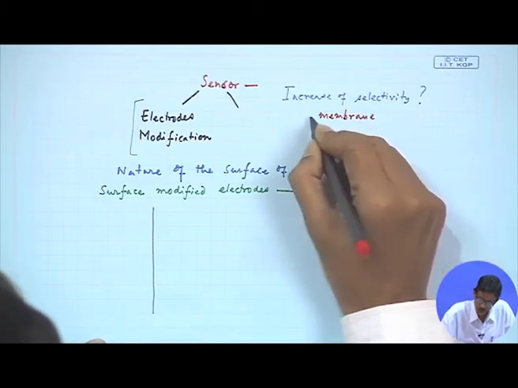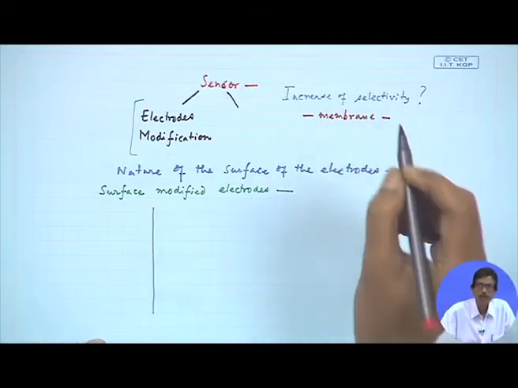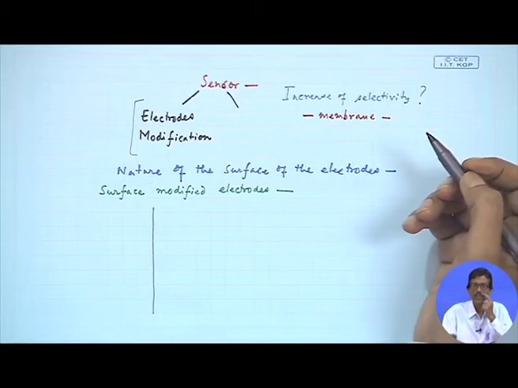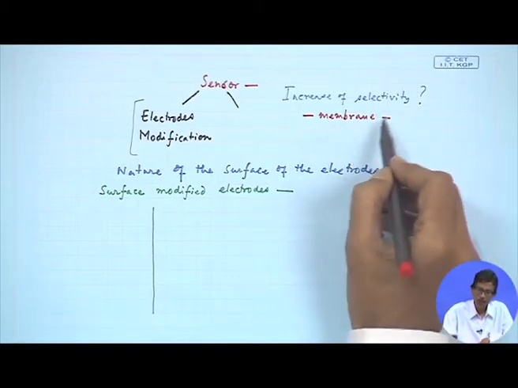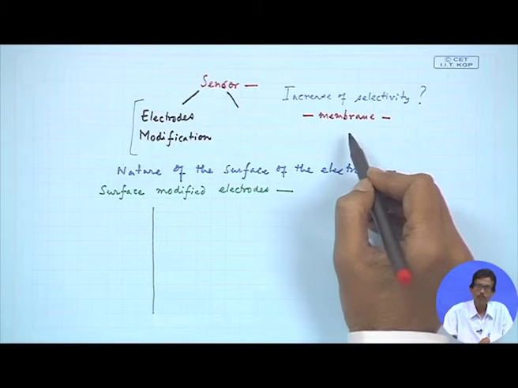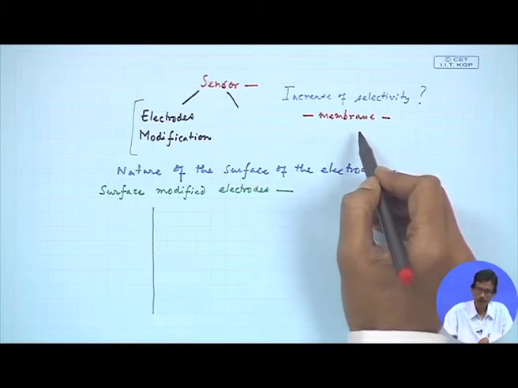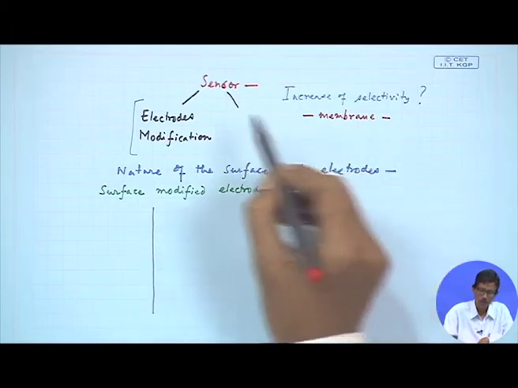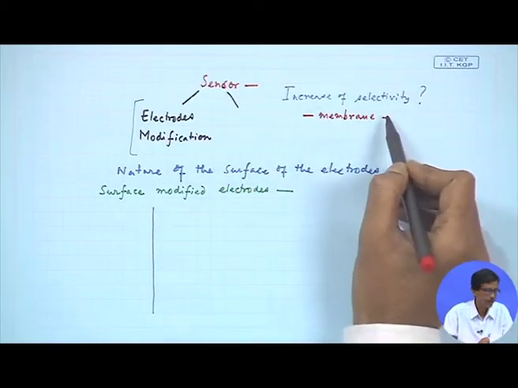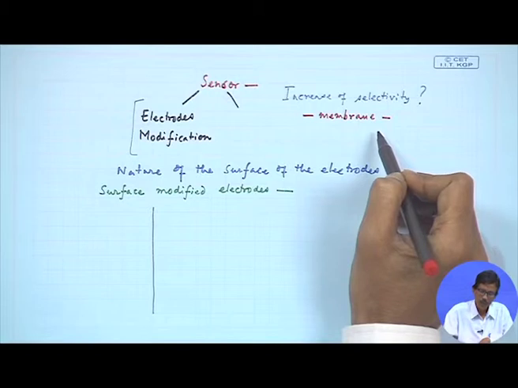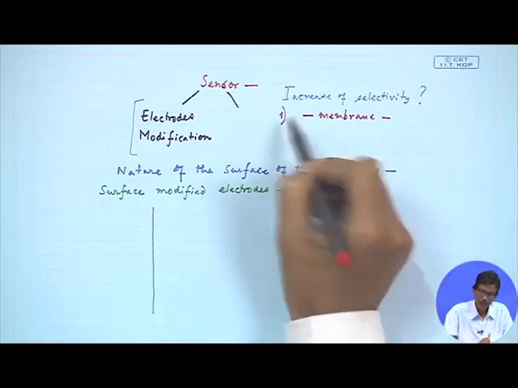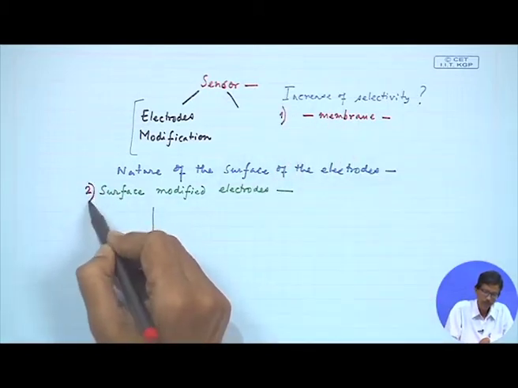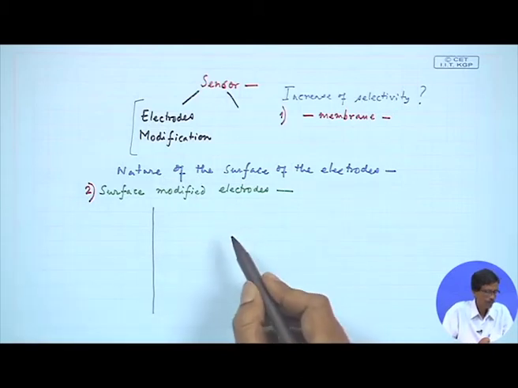You know why we use a membrane, because a membrane is a kind of filtration process. The membrane will allow only the species of our choice, of our importance, to pass and reach the electrode, so you increase the sensitivity. The membrane is one part, and two is the modification of the surface.